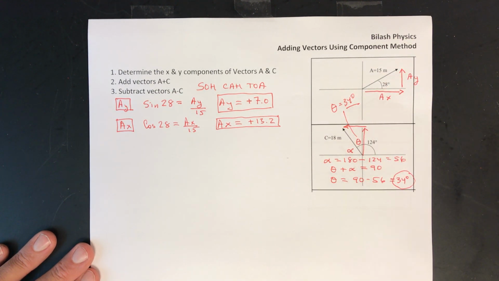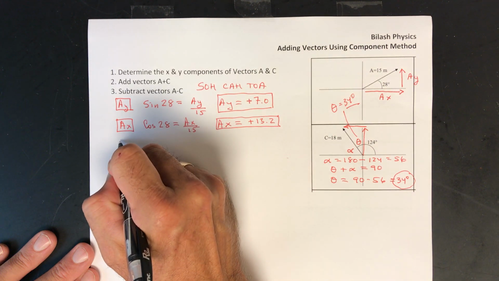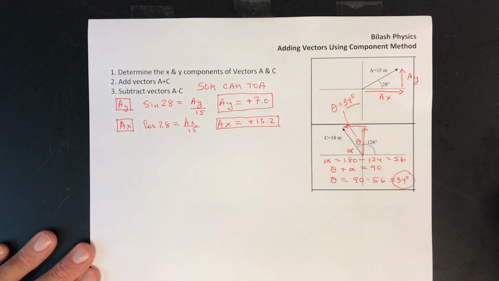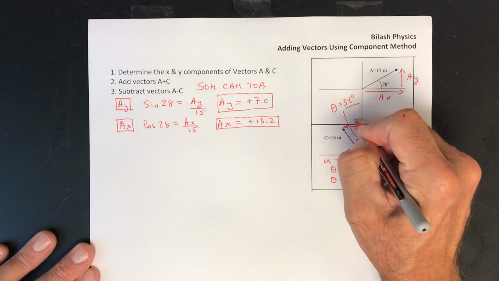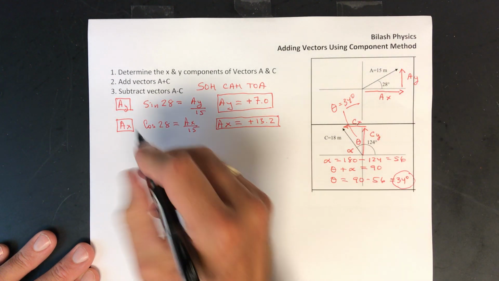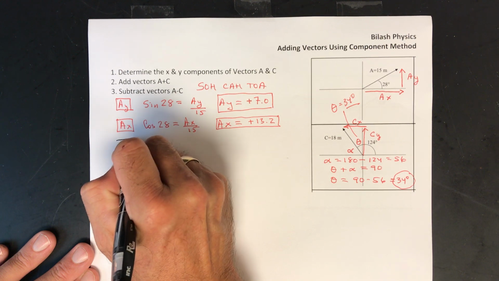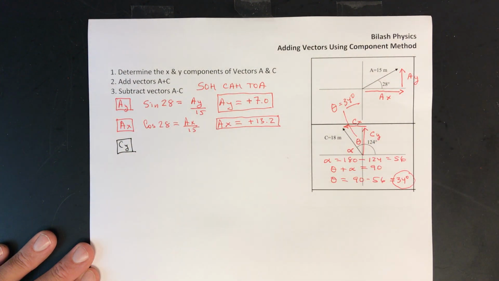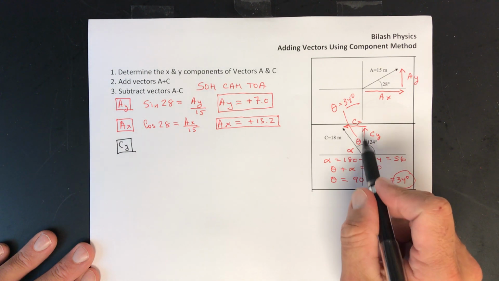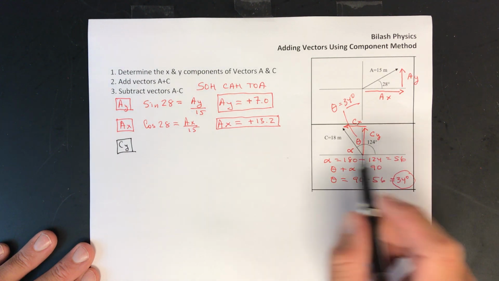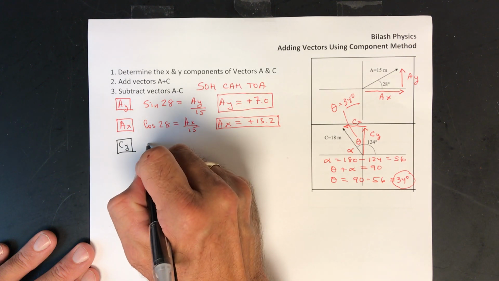Okay, so now let's continue. Now I'm going to figure out what this is going to be, CY, and this is CX. Let's figure out CY first of all. CY is adjacent to the angle, so that's the cosine function.